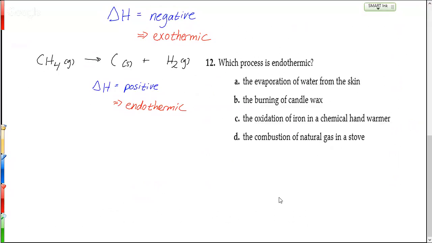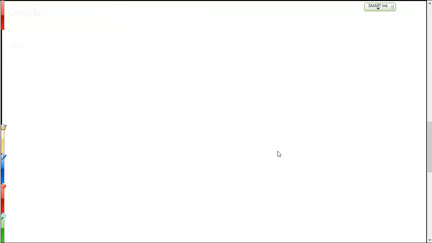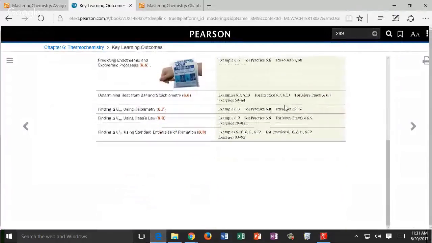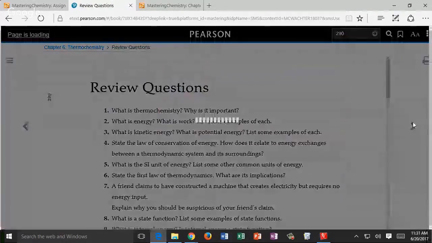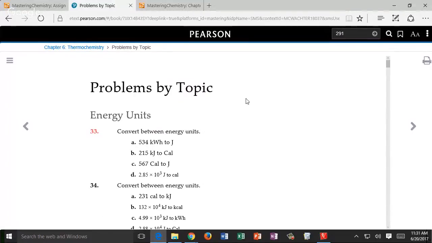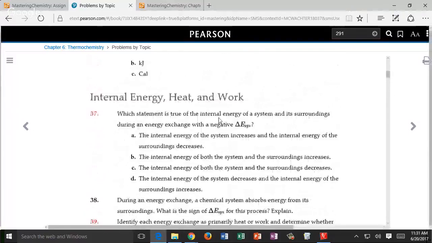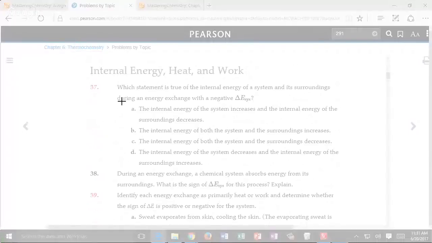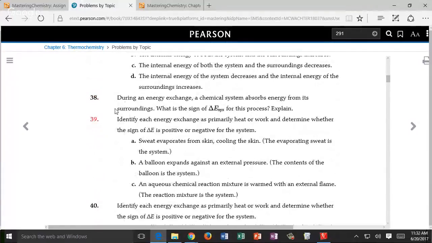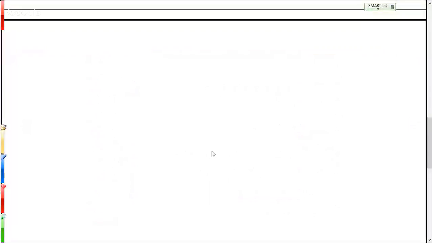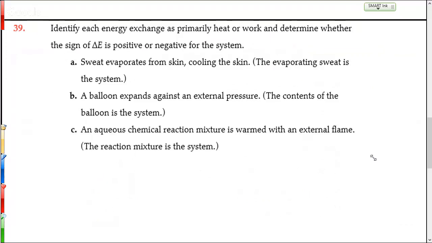Okay, let's look at another one. Part of this is kind of one we already did, but I guess that's a really common example.